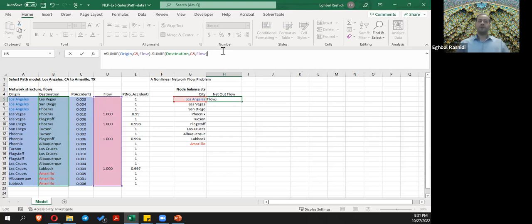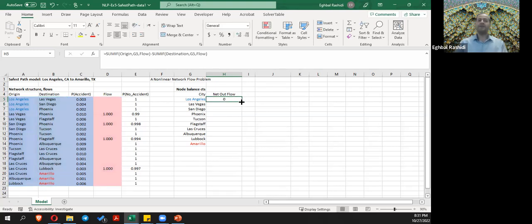Okay, so this is the outflow from Los Angeles, minus the inflow to Los Angeles. This is going to give us the net outflow. If I drag this down, it's going to compute it automatically for the rows here.